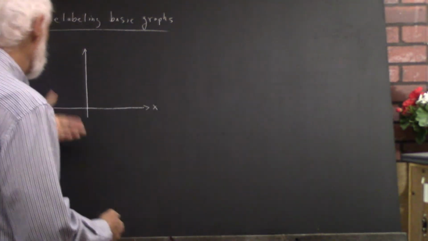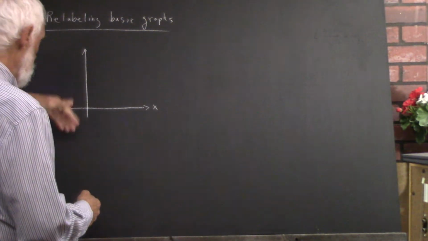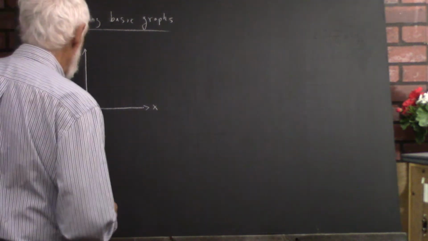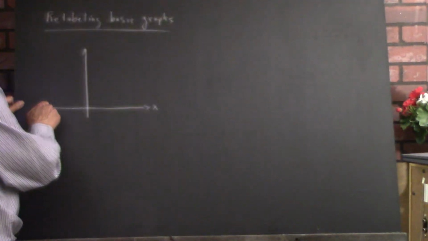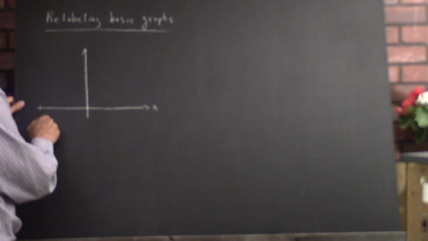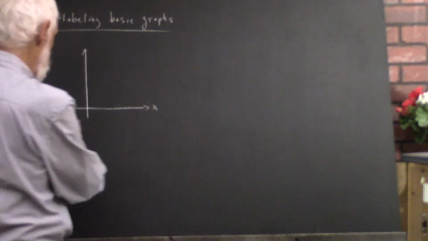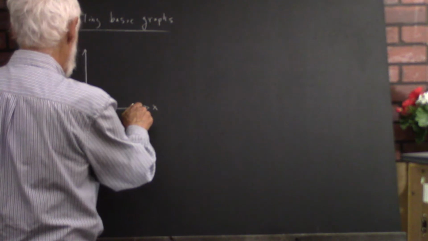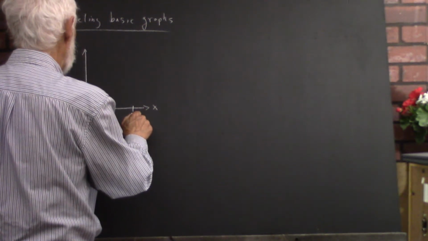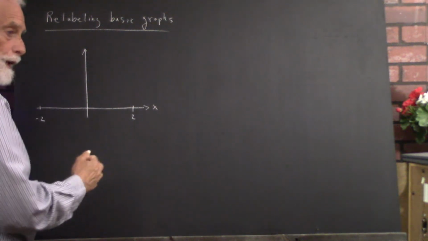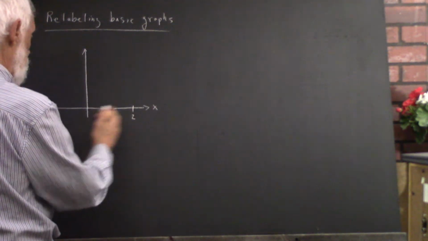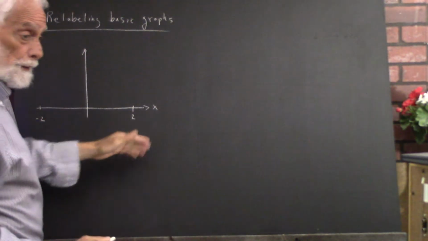When you square numbers, you always get a positive, so we don't need negative y values. Okay, now the graph is defined from x equals -2 to x equals 2.